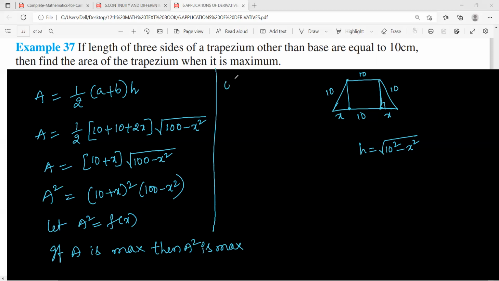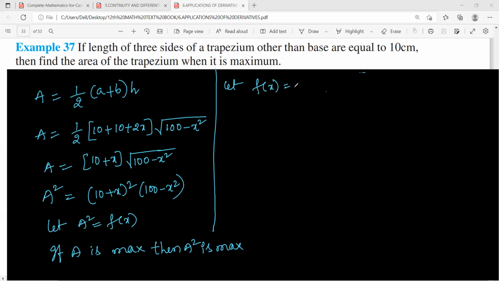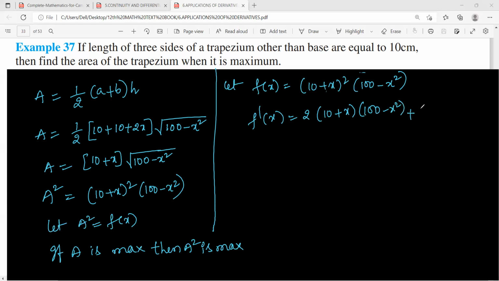All right, now f of x is (10 plus x) whole square into (100 minus x squared). You take that f of x and differentiate. f dash of x is twice (10 plus x) into u dash v, plus u v dash.